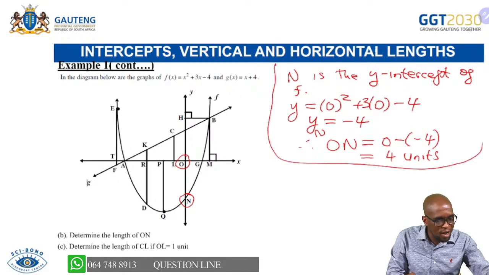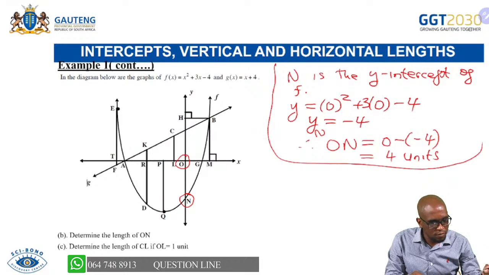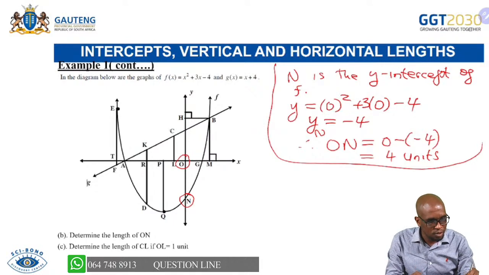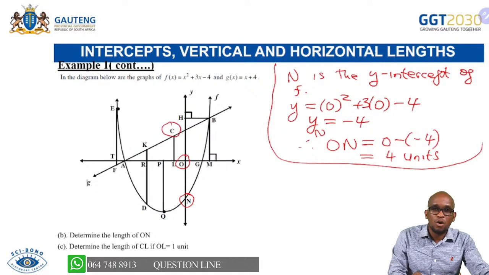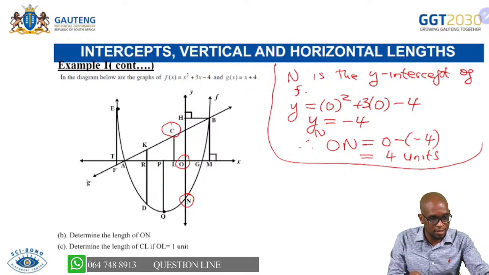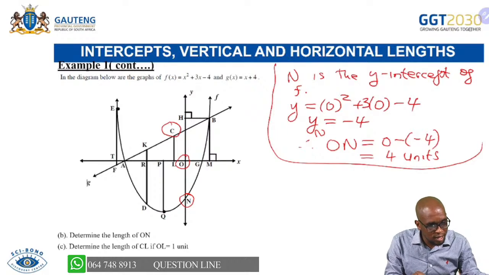Now we also want to work out the length of CL. Let's check CL if OL is 1 unit. If you check the point C, C is a point on the straight line. You can see that it's on g and it has coordinates.